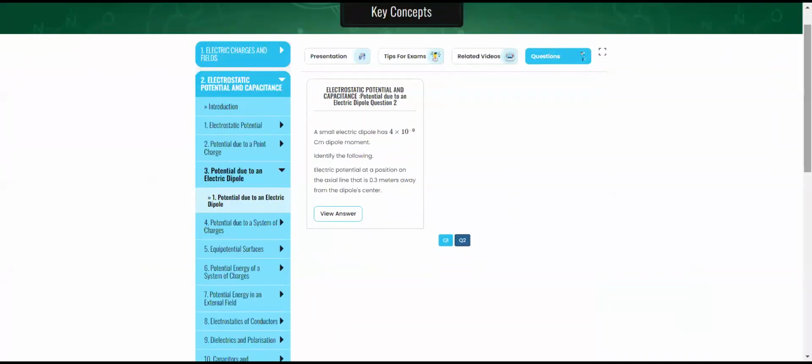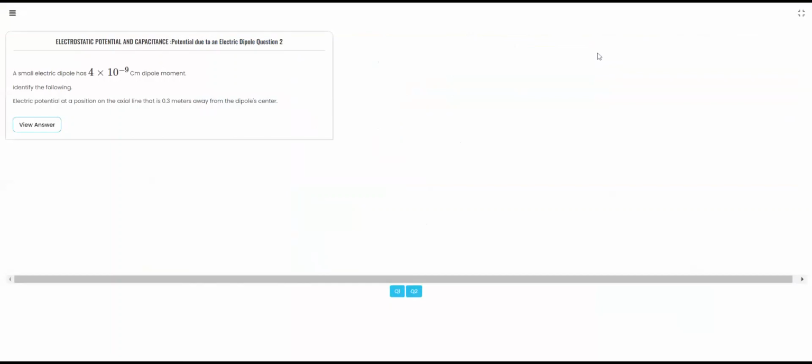Help me find the solution of this question. A small electric dipole has 4 into 10 raised to minus 9 centimeter dipole moment.